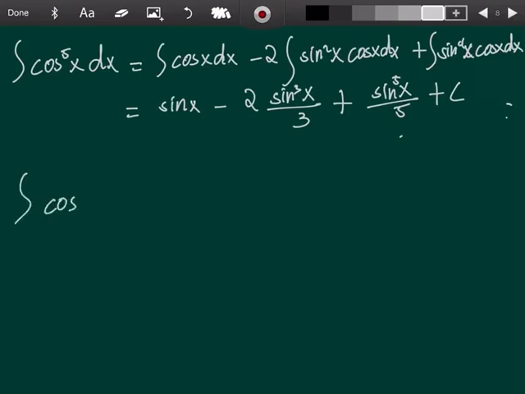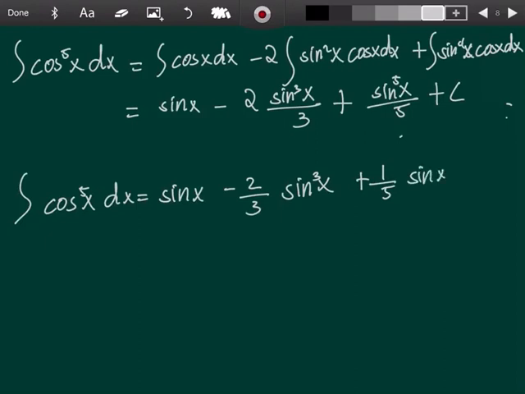So if we write that, the integral of cosine x raised to 5 dx is equal to sine x minus 2/3 sine x raised to 3 plus 1/5 sine x raised to 5 plus the arbitrary constant.